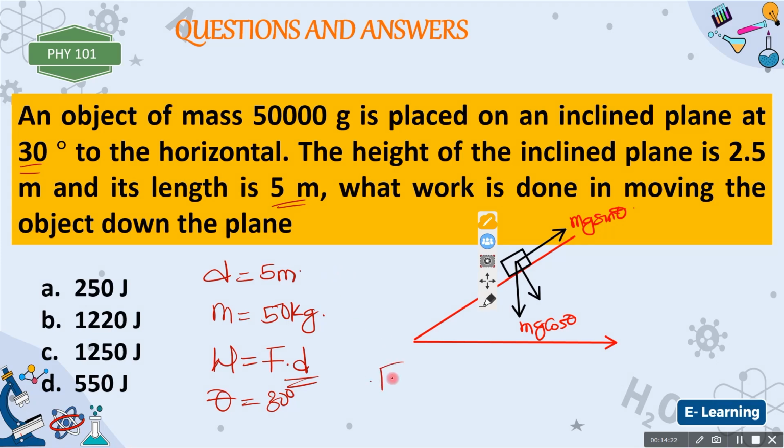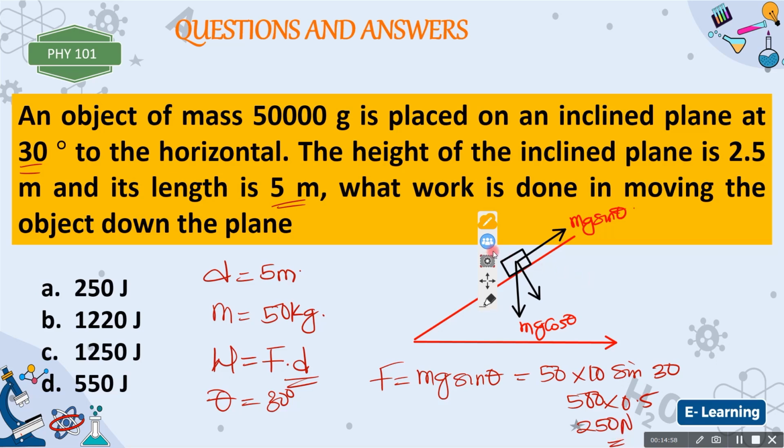Now that you've gotten this, it means the force required for this particular question is mg sin theta, which should be 50 times 10 times sin 30, which should be 500 times sin 30. Sin 30 is what? 0.5. You should know this basic science. So 500 times 0.5 will give us 250 Newton as the force required.